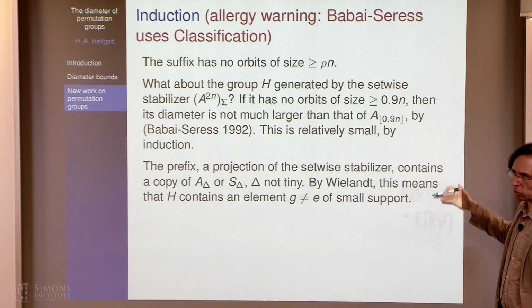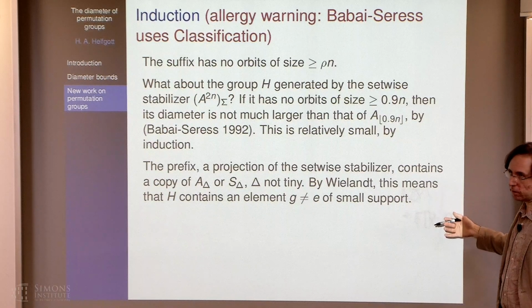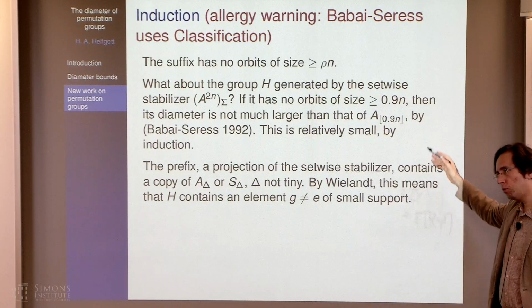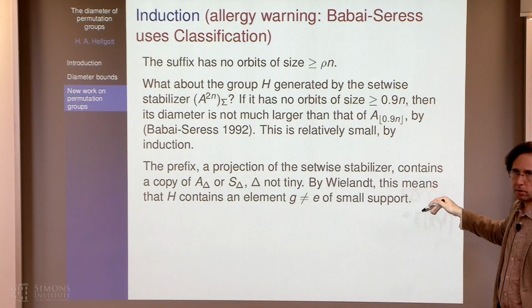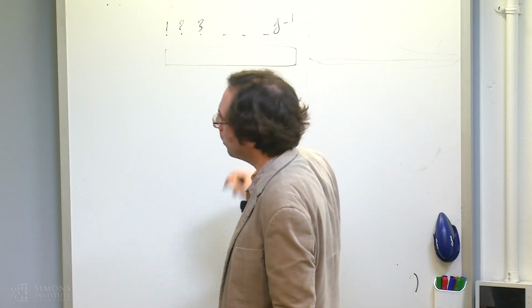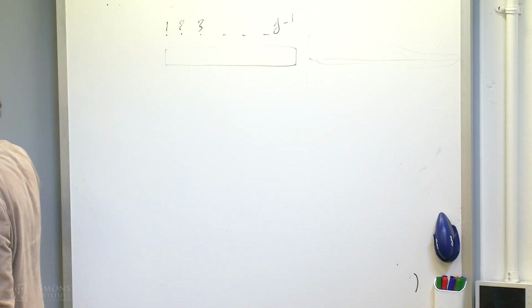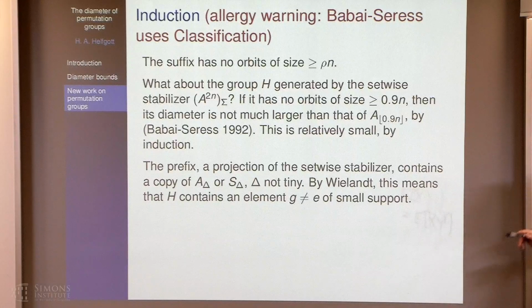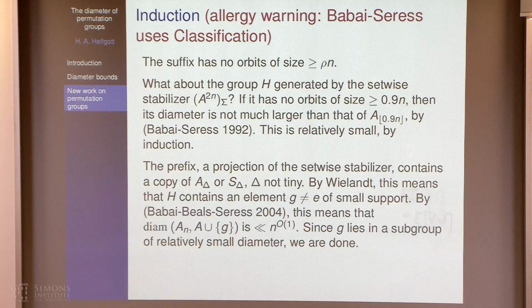But if the diameter is not too large, that means you can reach any element. In particular, you do know that there exists an element of small support that you know precisely by playing games here. There's a very elegant argument due to Wielandt, an old one. And then if you have an element whose support is 1/3 of n, say, then there's a known argument that gives you quite quickly that you can generate everything in Sym very quickly.